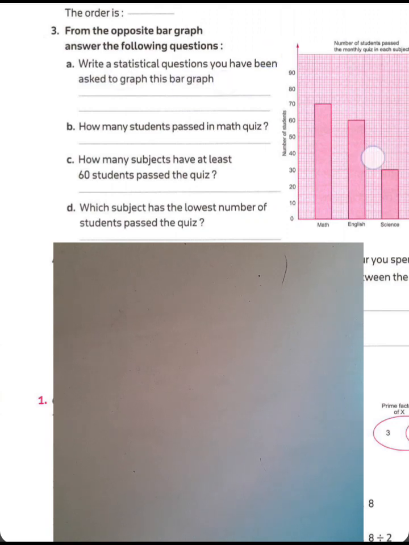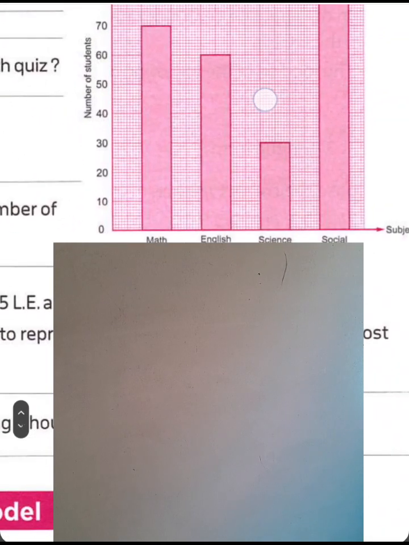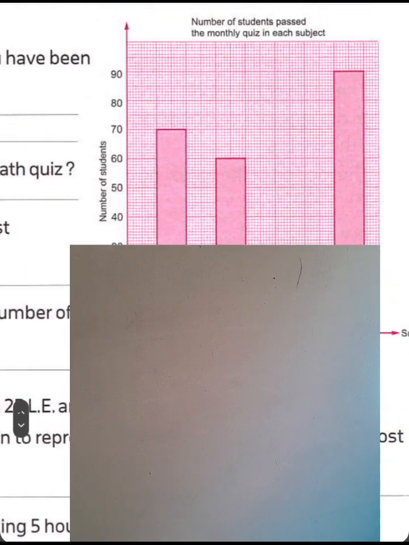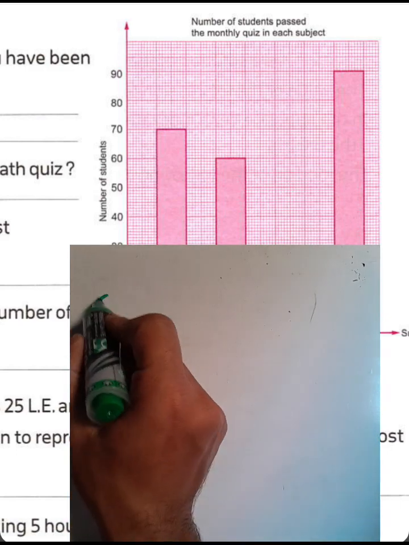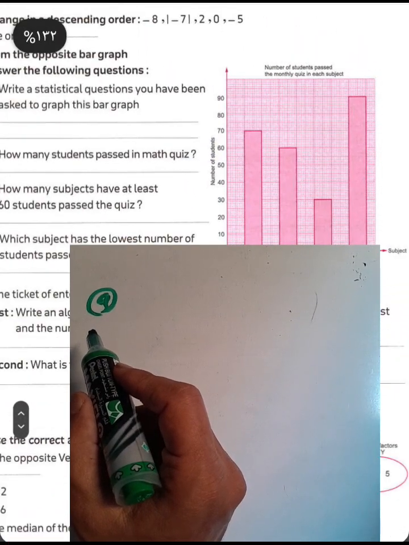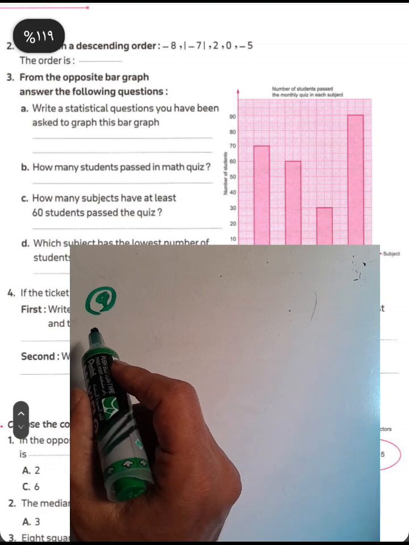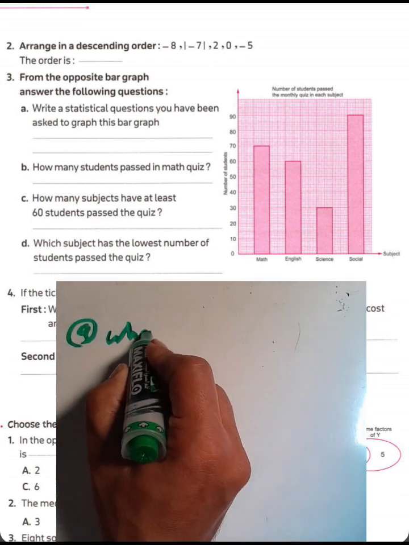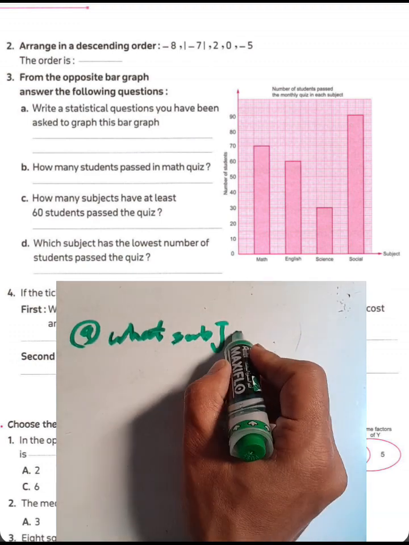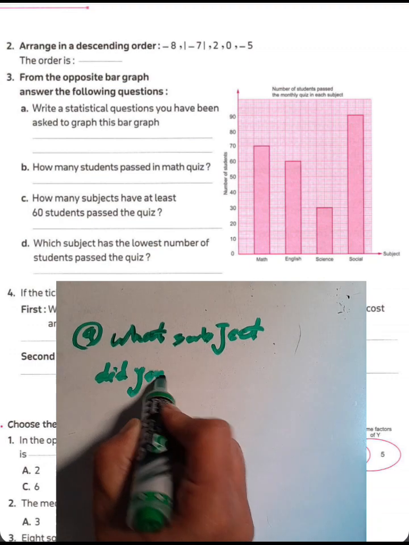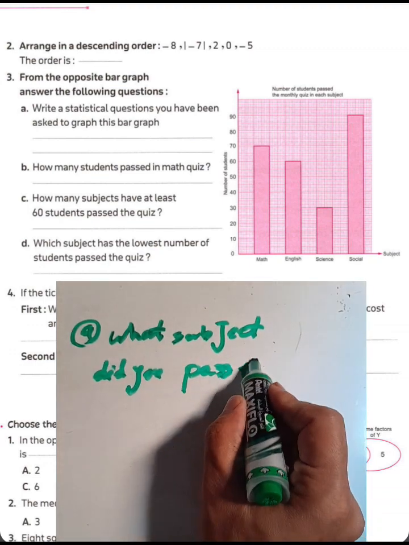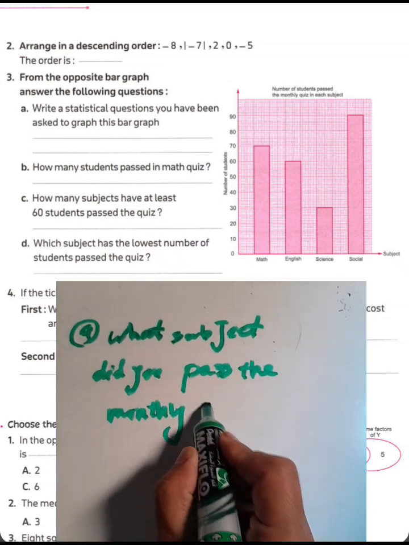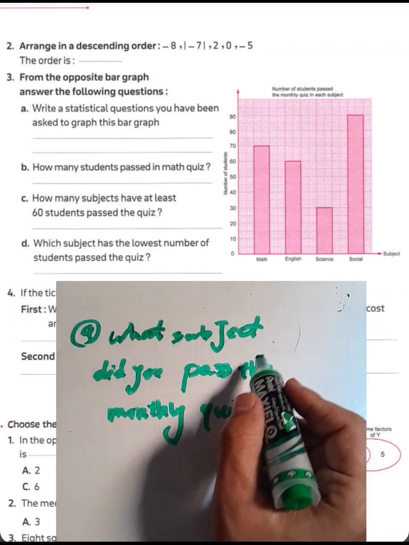The graph shows the number of students who passed the monthly quiz in each subject. You can write a statistical question about all subjects here: what subject did you pass the monthly quiz?